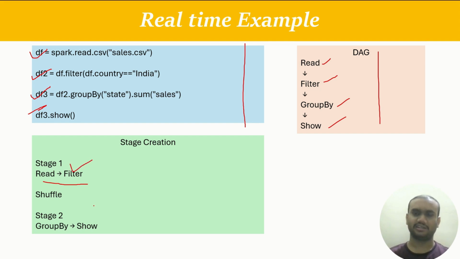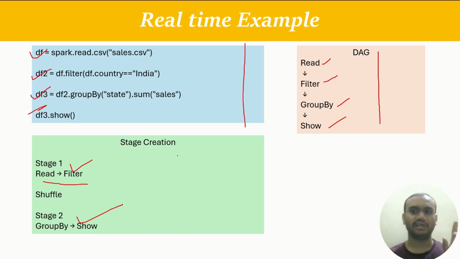As soon as it comes to the group by logic, there will be shuffling of data, and a new task and a new stage will be created for that. So there will be two stages for this piece of code, for this application. The number of stages will be two.